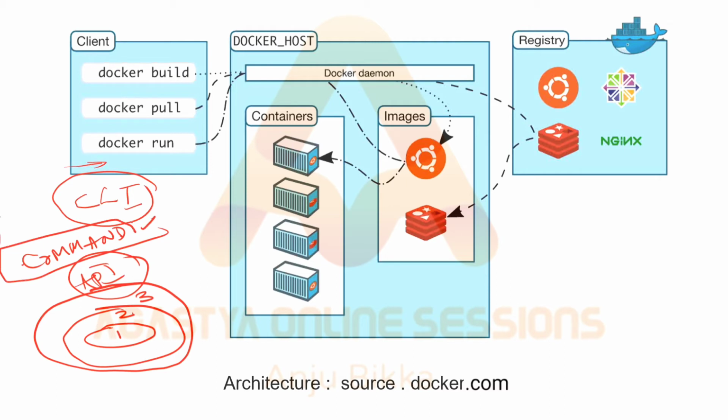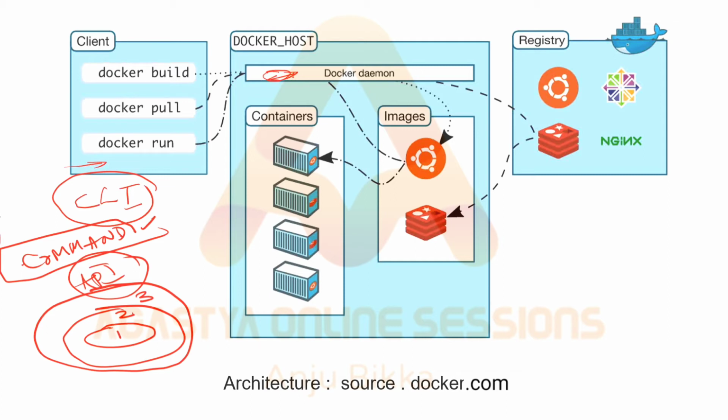When the client executes commands, they go through the API to the Docker daemon, which is responsible for executing them. That is the role of the client.